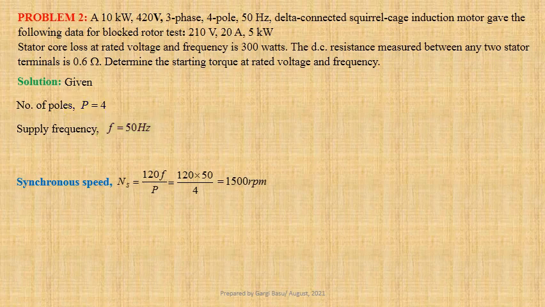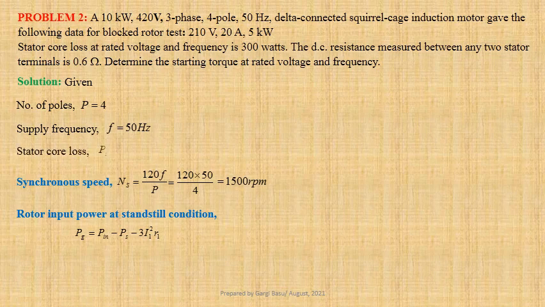Now we shall determine rotor input power at standstill condition. Pg equals Pin minus Ps minus 3 times I1 square into R1. Given stator core loss Ps equals 300 watts. We have obtained stator input power at standstill condition Pin equals 20,000 watts.